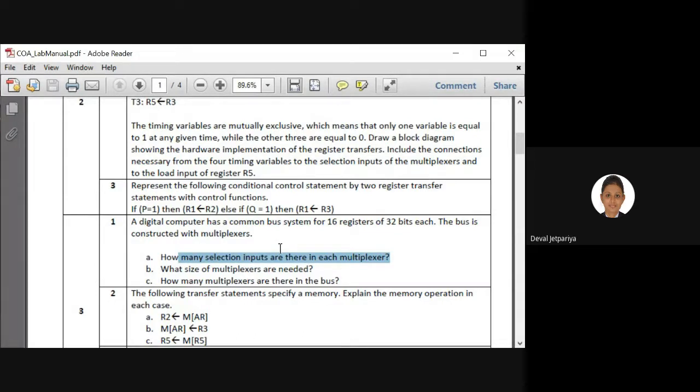Can anyone reply? 16 can be represented as 2 raised to 4.